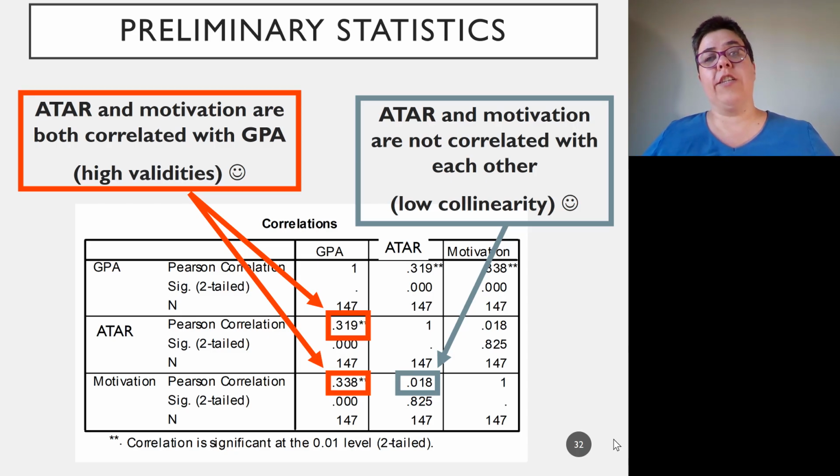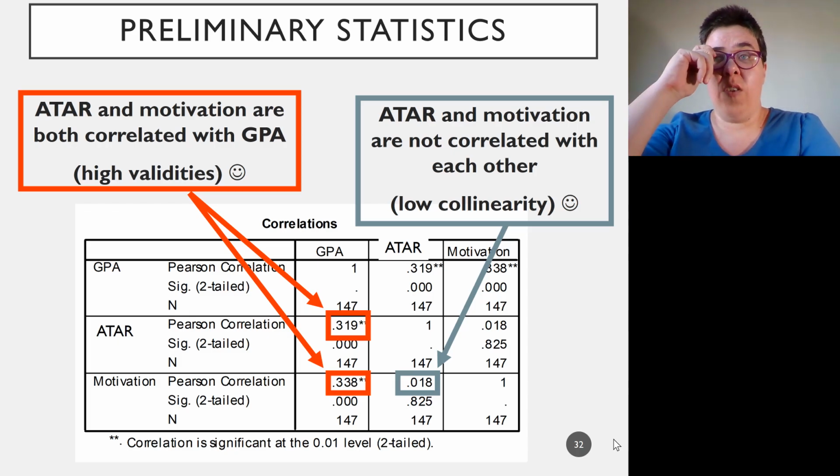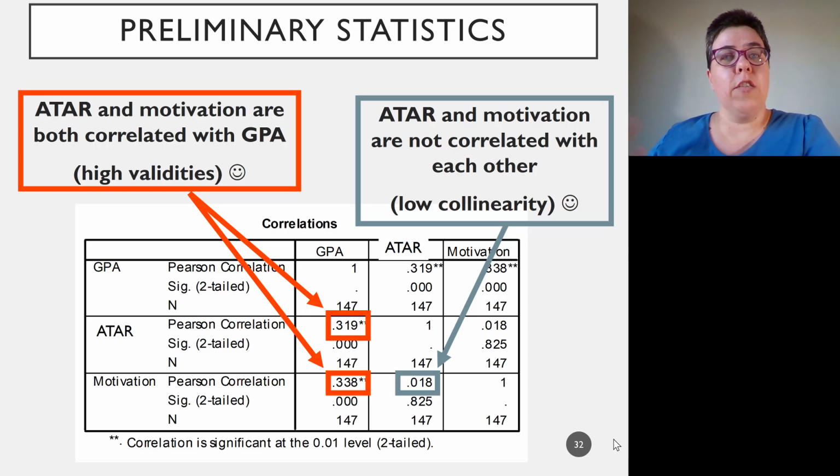An interaction tests whether the association between one IV and the DV changes based on high or low levels of the moderator. So the correlation between the two IVs doesn't tell you anything about whether there's an interaction or not. We want it to be low because that's low collinearity, which means better parsimony.